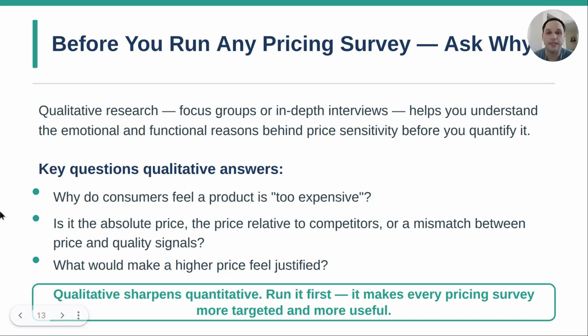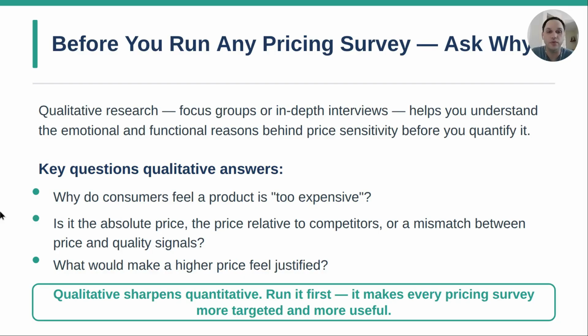Here's a step that gets skipped in most pricing research programs. Qualitative research before any quantitative pricing study. Before you design a Van Westendorp survey or pick price points for Gabor-Granger, talking to consumers in focus groups or one-on-one interviews helps you understand the emotional and functional reasons behind price sensitivity. Why does a $7.99 price feel too expensive for this product?